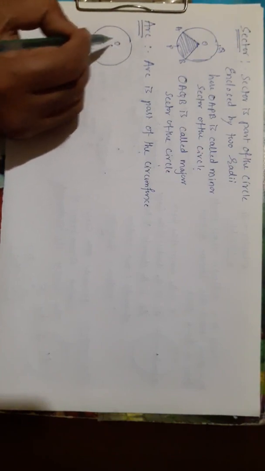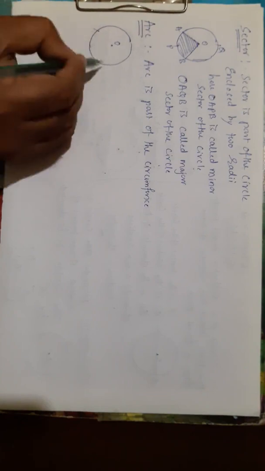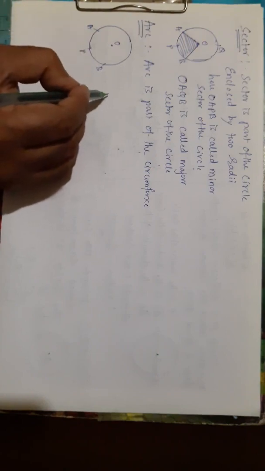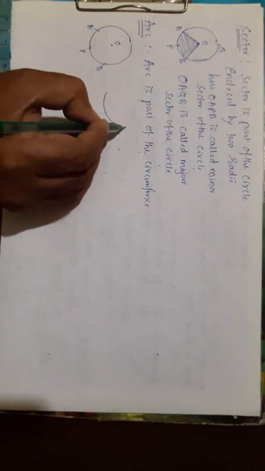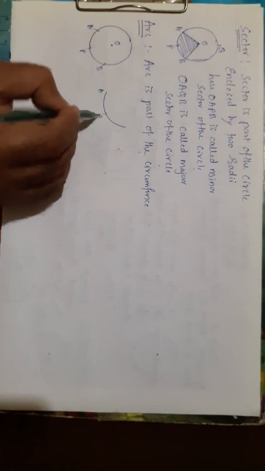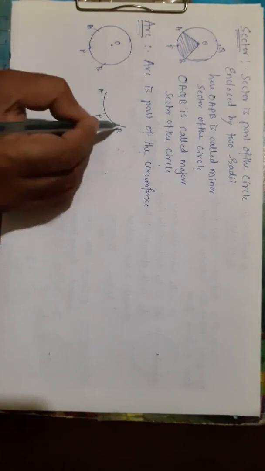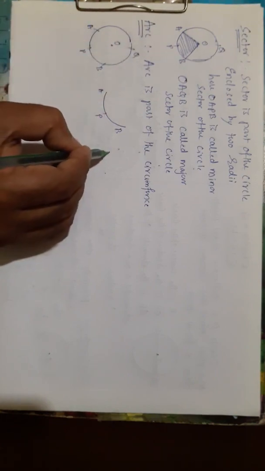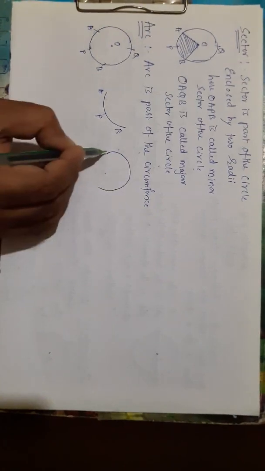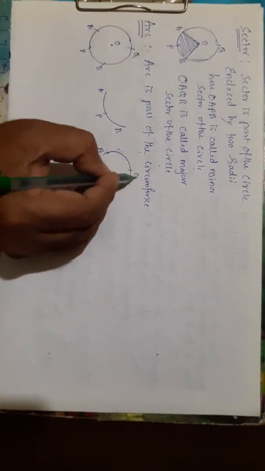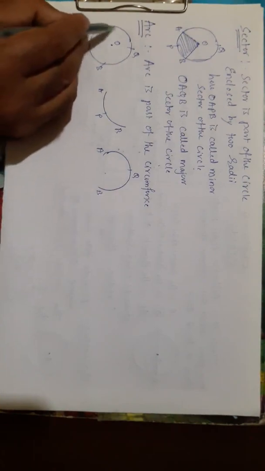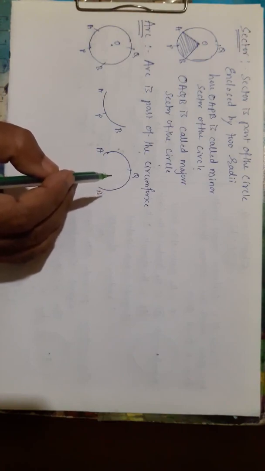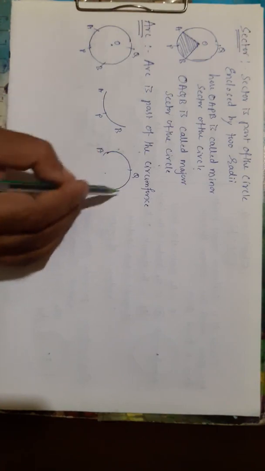It is a circle with center O. Here it is A, B, and this one is P. A, P, B is the arc of the circle. One more: suppose we take it like this, it is A, this is Q, this is B. AQB is also part of the circumference, that is an arc.